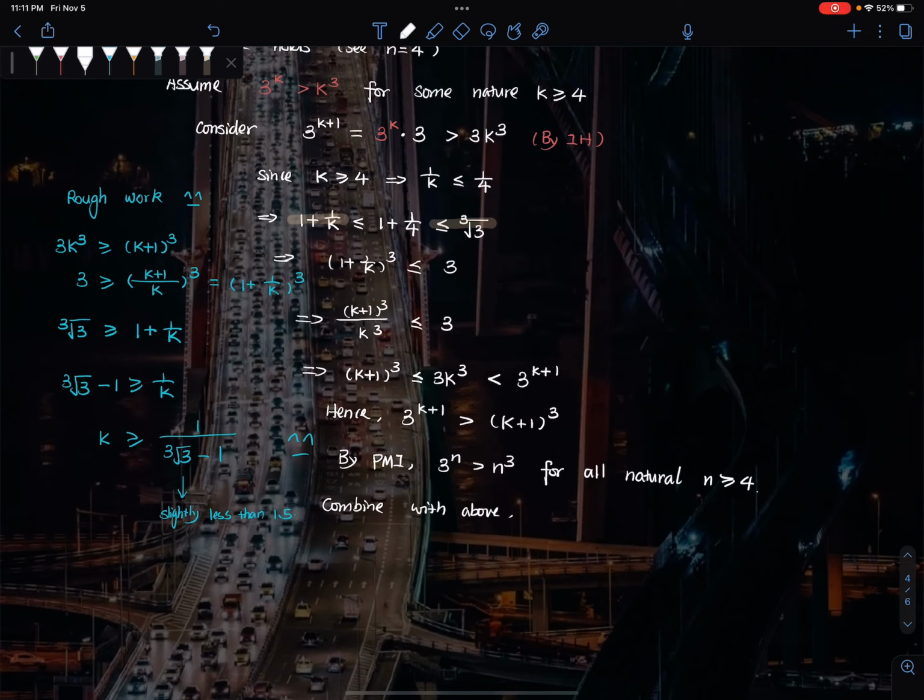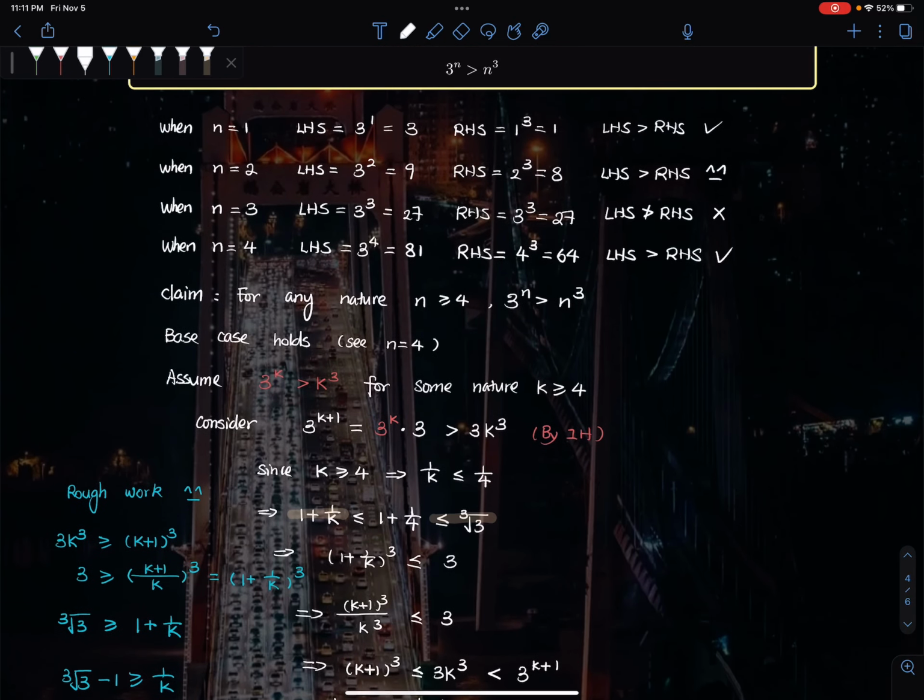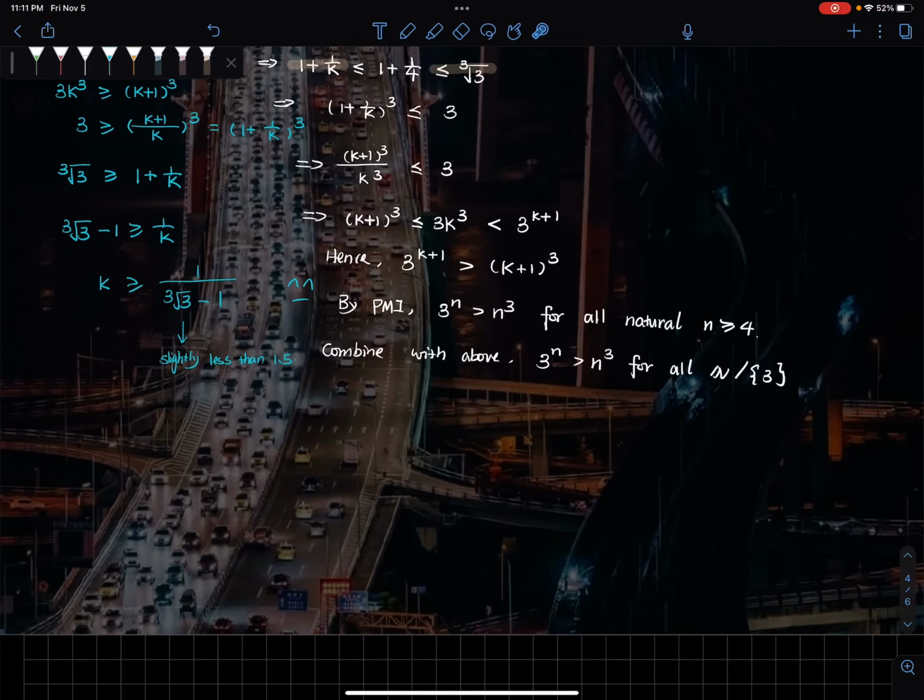We know that 3^n is greater than n^3 for all natural numbers except 3. So it works for all the natural numbers but 3. 3 doesn't work. 1 and 2, they are good. 4, good. 5, good, and so on. They're all good. So, every natural number but 3.